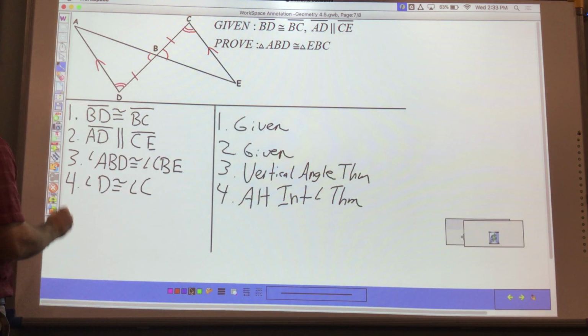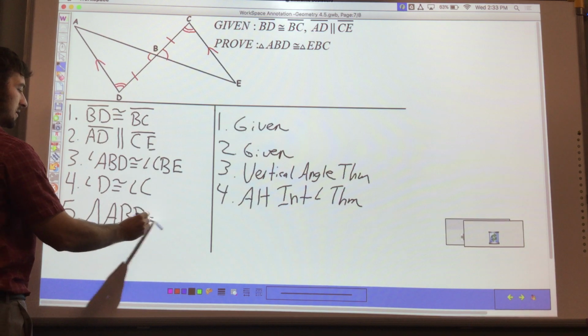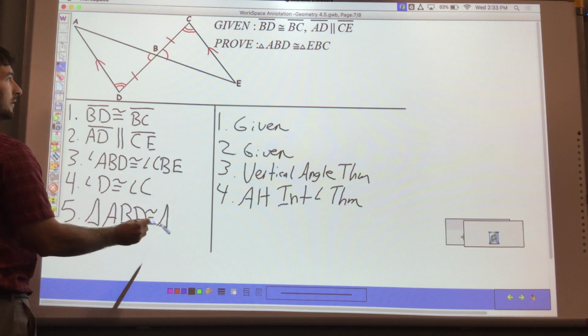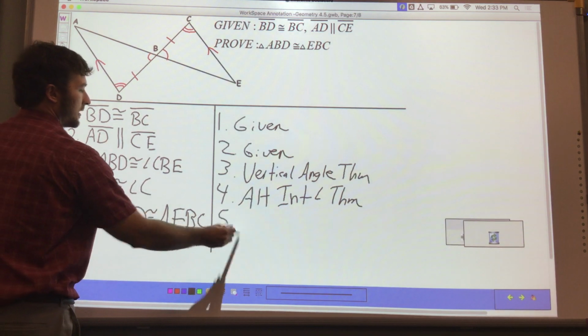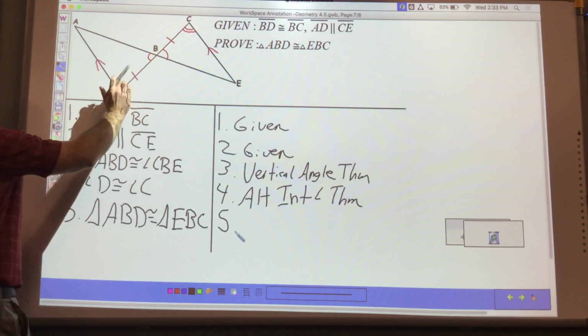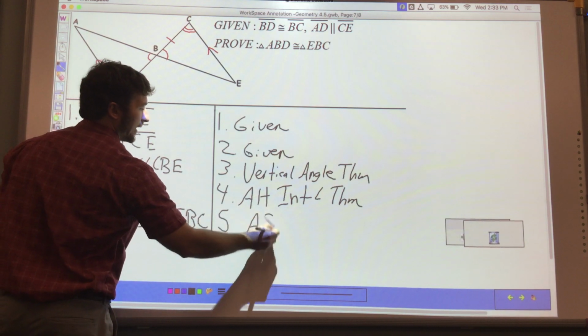So then we got what we want. We can say triangle ABD is congruent to triangle EBC. And the way we did it on this example is angle side angle. So ASA.